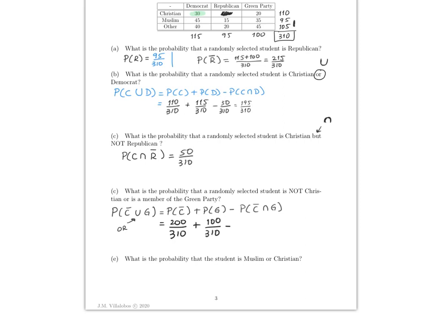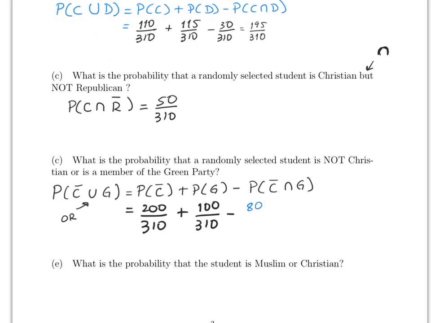Since these people are Christian, you get rid of those. So the only people left that are members of the Green Party but are not Christian are these two, which is equal to 80. So this will be 80 over 310, which the total is 220 over 310. And that's it. Remember, if you were doing a quiz online, most likely you will not input the answer like this. Divide this over this on the calculator, round the answer to whatever the question is asking, and just input the answer. And that's it.